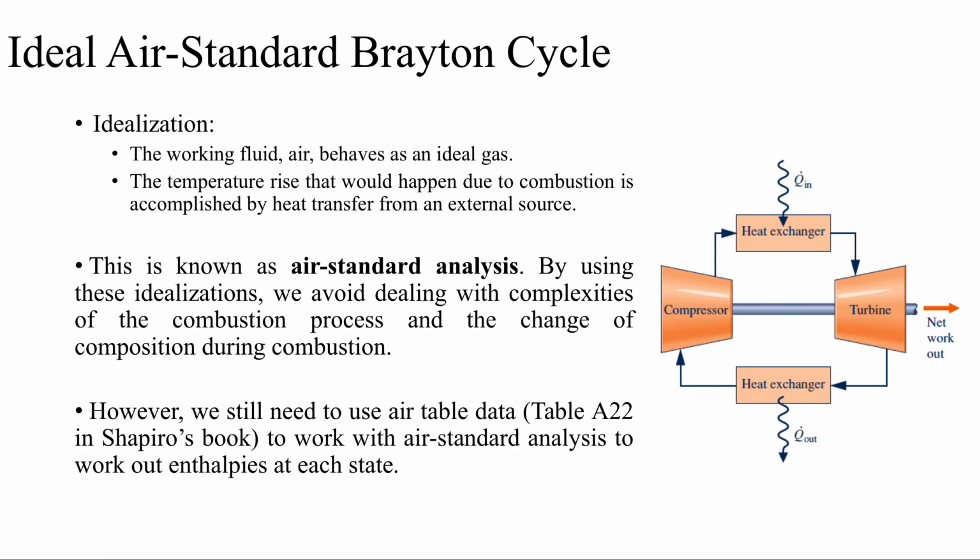And one important thing that we need to remember is that we need to use the air data table from Table A-22 in Shapiro's book of thermodynamics to work with the air standard analysis, because we need to find out the enthalpies at each state.